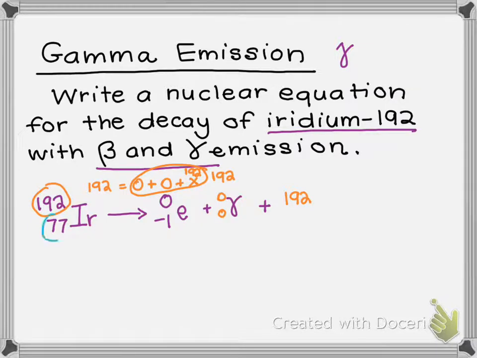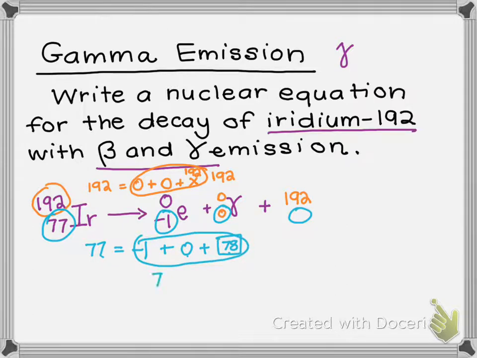Now looking at the atomic numbers, this one is 77. I have a -1 plus, this would be like adding 0, plus whatever number would go down here. So 77, this would be plus a -1, so this would be a 78, because 78 plus 0 plus a -1, these all together equal 77.